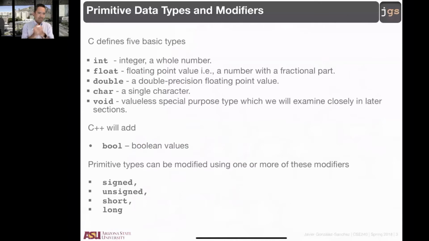Let's review in general the data types that we are going to have for working with C and C++. The data types in C and C++, well, in C first, these are your data types.